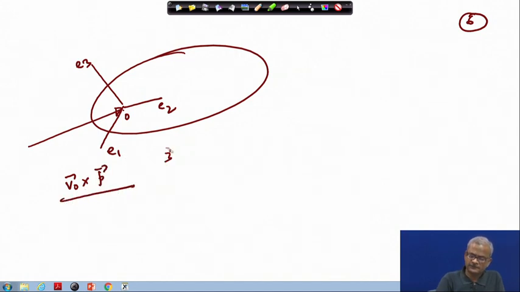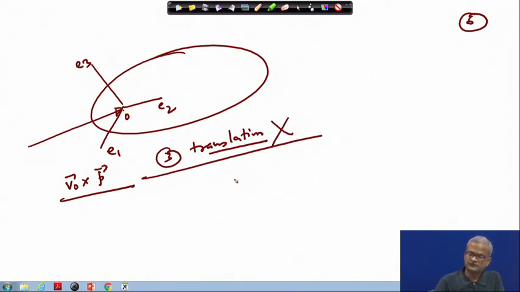So, 3 becomes translational, which has been deleted because the center of mass coincides with the point O. So, this will get dropped out. So, the rest we are left with are the 3 rotational dynamics equations for the main body.